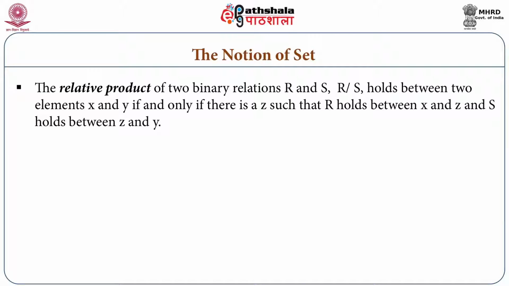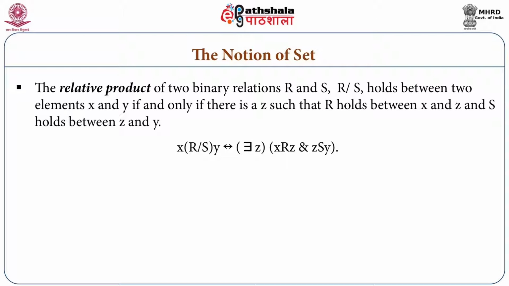The relative product of two binary relations R and S, represented by R/S, holds between two elements X and Y with a double condition, that is, if and only if there is an element Z such that there is a relation which holds between X and Z and another relation which connects Z with Y, then only we can talk about the relation of X and Y. So put it in logical symbols: X is related to Y via the two relations R and S if and only if there is an element Z such that X is related to Z and also Z is related to Y.